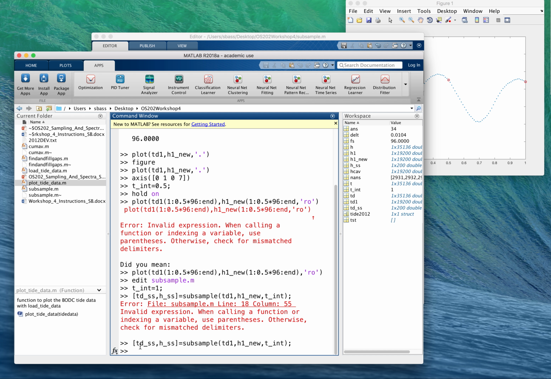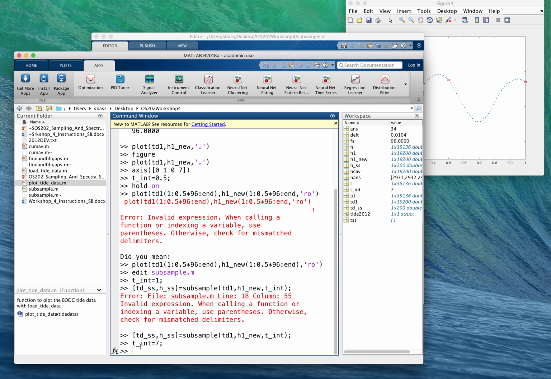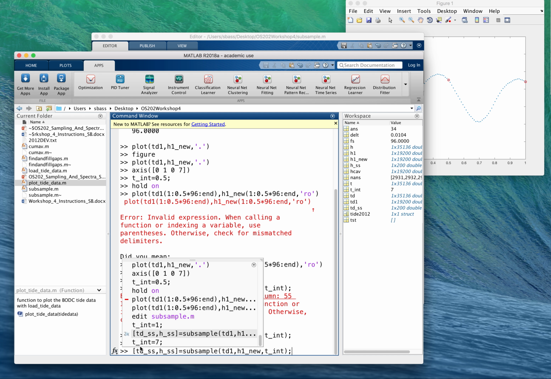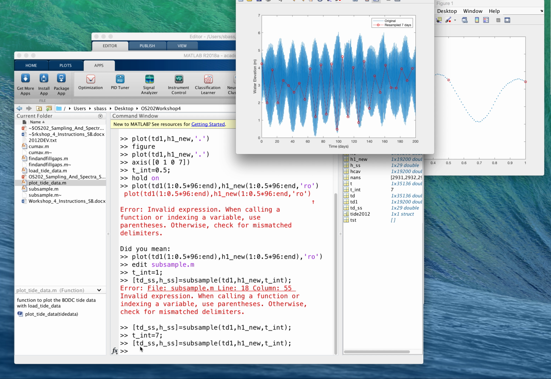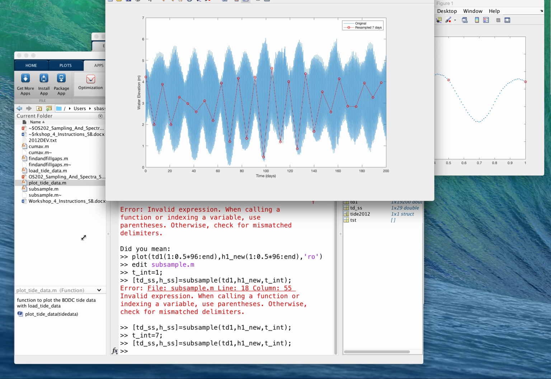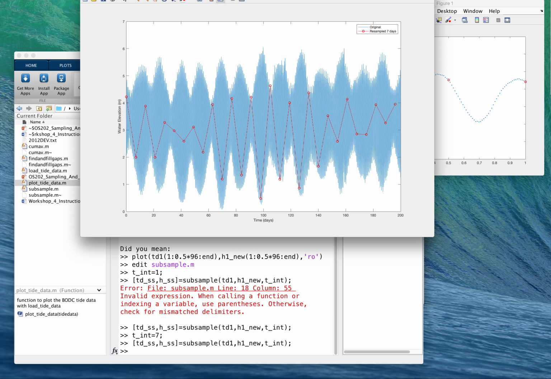How about if we sample for longer? So let's try t int is equal to, I don't know, 7 days. Okay, and then we'll run that function again. So it looks even messier.